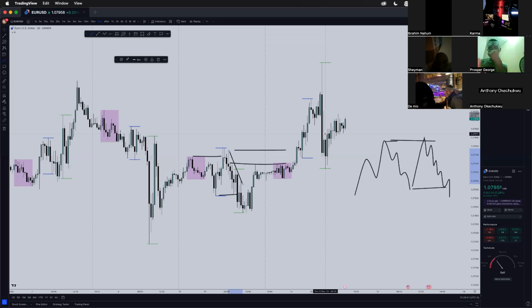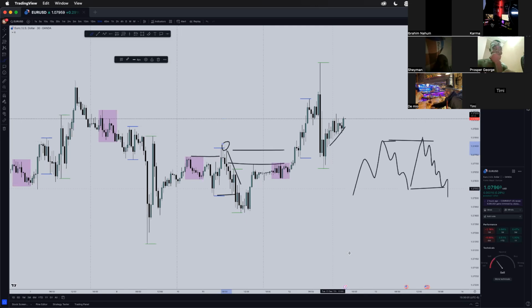Mitigation, as I've explained to you guys, is the process of the market filling an uncompleted order. So why would you want to engage yourself in a point that has a complete transaction? Everything right here is a complete transaction. It is all mitigated. Even though it is a protected high, I am not going to trade it. If it plays for you, fine. But for me, I am not.